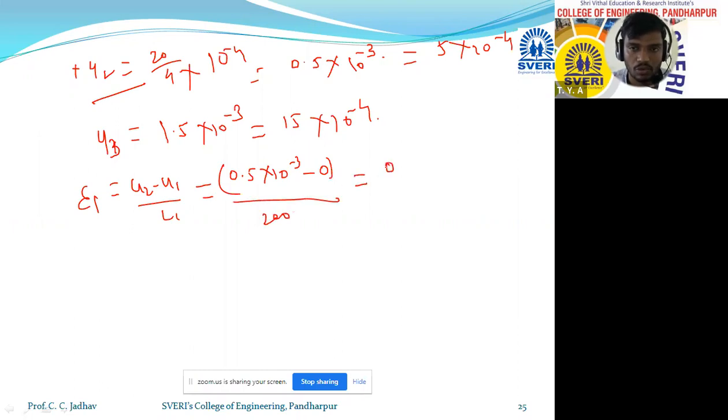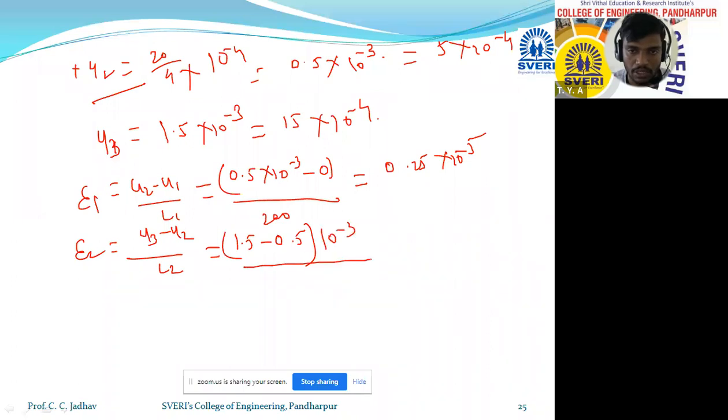So that is equal to 0.25 into 10 raised to minus 5. Strain 2 of element 2 is u3 minus u2 divided by L2. u3 is 1.5 minus 0.5, common factor 10 raised to minus 3, divided by L2 which is 200, is equal to 0.5 into 10 raised to minus 5.